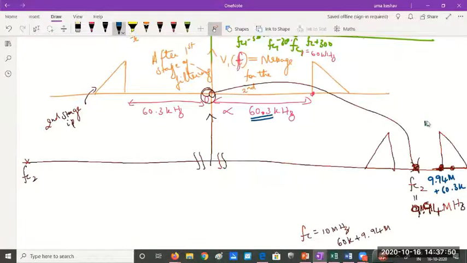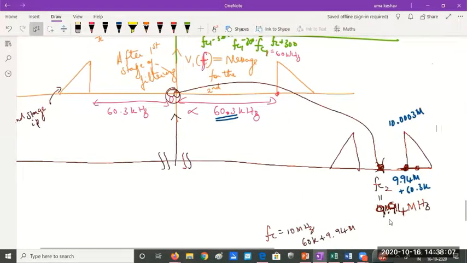So you will have 10.0003 mega at this point. And at the next point, what is the frequency here?